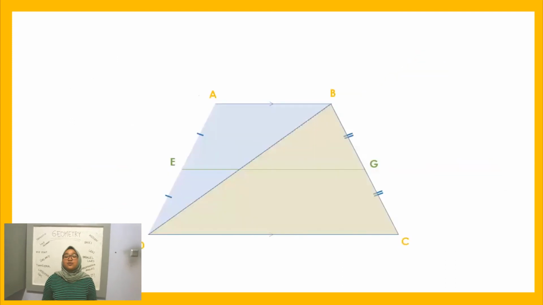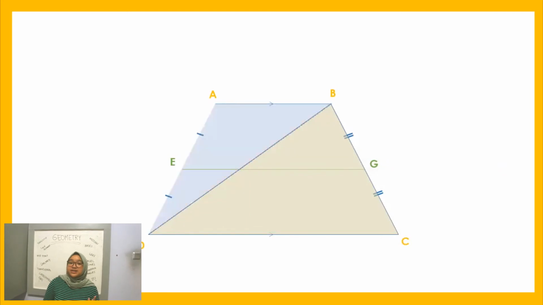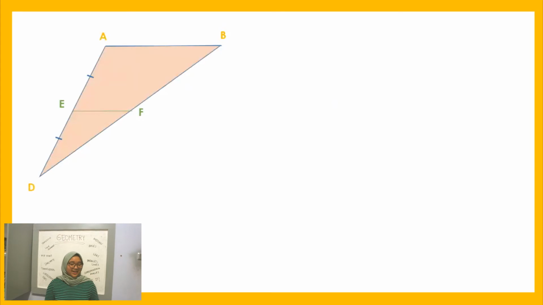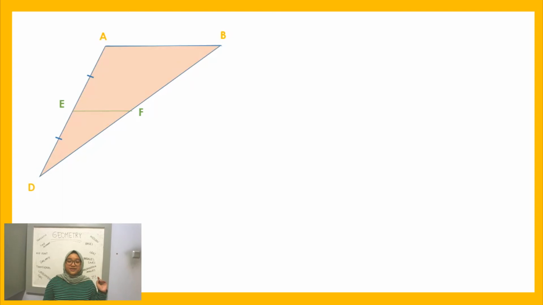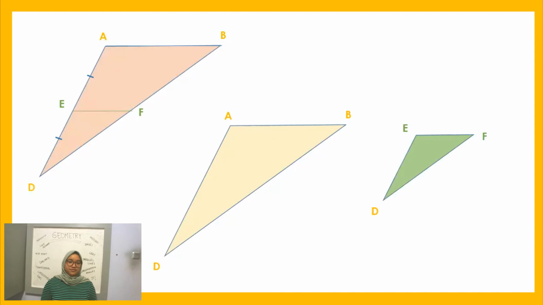Next, I want you to focus on the second triangle, which is ABD. In this triangle, we also have two triangles because it is cut by the segment EF, right? So we have triangle DAB and triangle DEF.